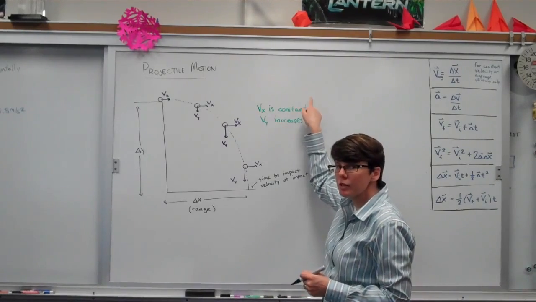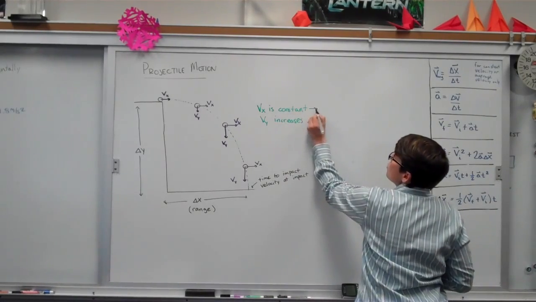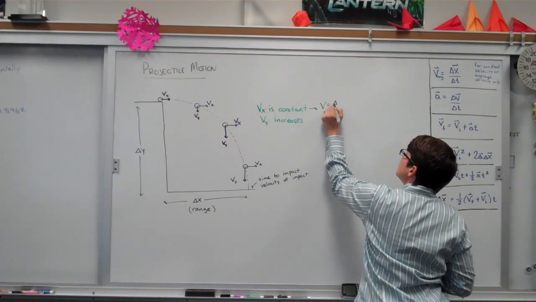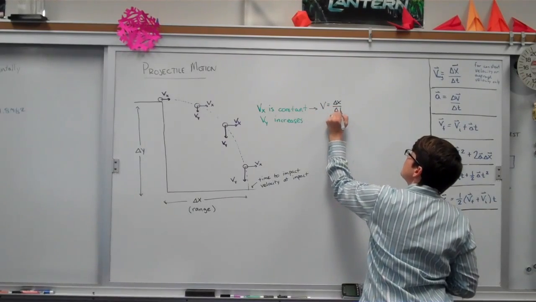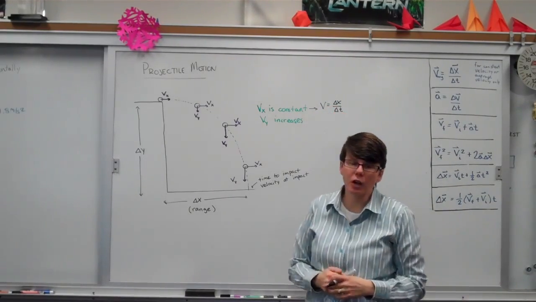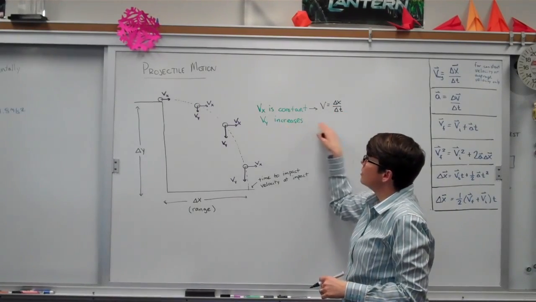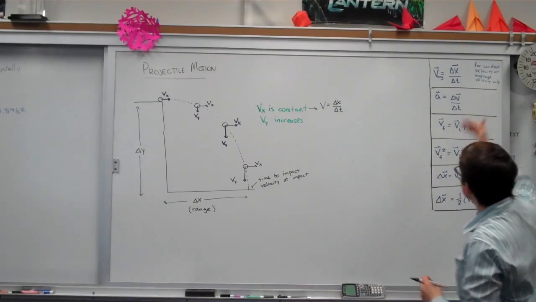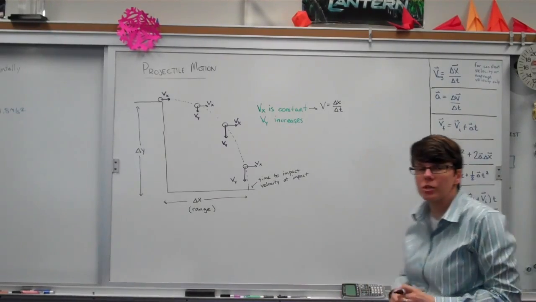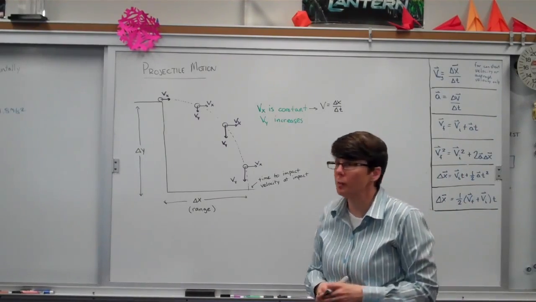Knowing that the horizontal velocity is constant leads you to the definition of constant velocity. There you go. Knowing that the y velocity increases, any of the kinematics equations for accelerated motion apply.